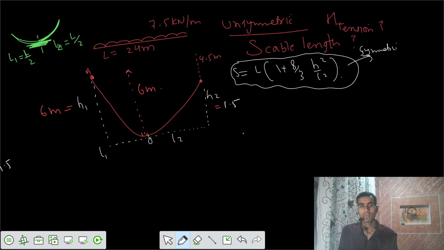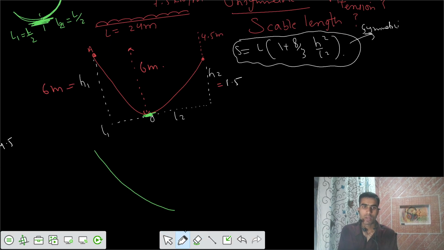Now similarly, if theta here is 0, this is the peak, this is the midspan. Let's analyze that. Imagine there's some cable having some length L1 up to the point O. After that it would have continued in this way, such that it was a simply supported beam with two supports at the same level.